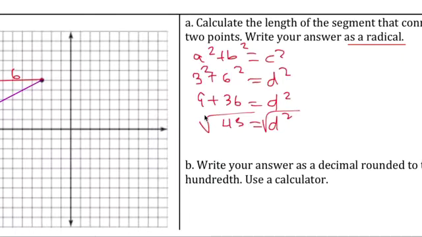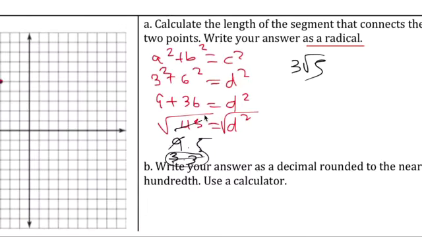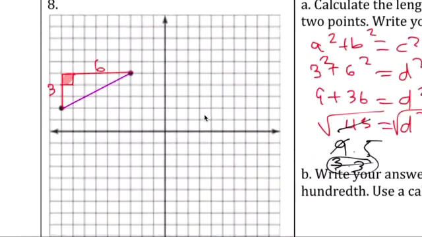No, they want it as a radical. So 9 times 5, and this is 3 times 3. So your answer is 3 radical 5 equals D. Okay, and then this D is 3 radical 5.